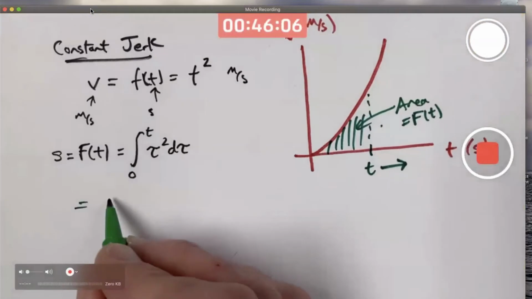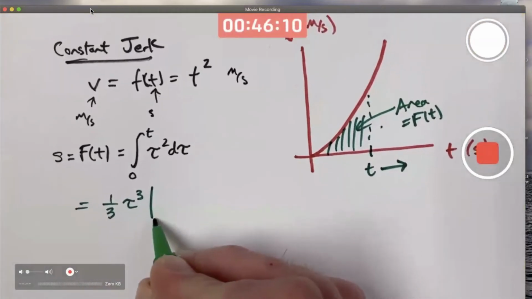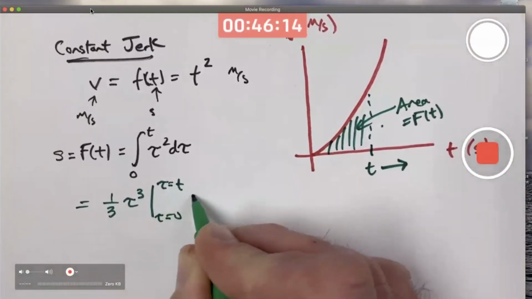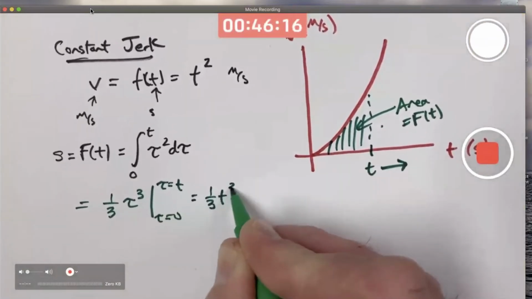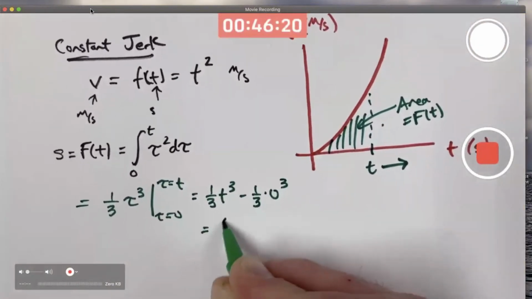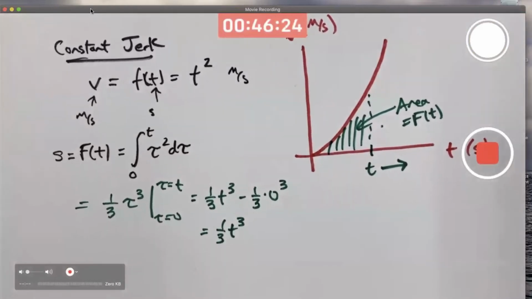Do the integral. One third tau cubed. Tau goes from 0 to t, gives one third t cubed minus one third times 0 cubed, which simplifies to one third t cubed. By the way, I'm starting time at time 0 just to keep things simple.